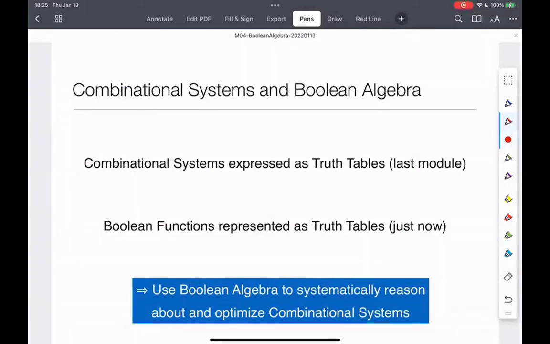So what that means is that Boolean algebra could be used to express combinational systems. And once we have an algebra, we can do simplifications and cancel terms and stuff like that. We can play all those games, much like our regular algebra, so I can then optimize combinational systems.